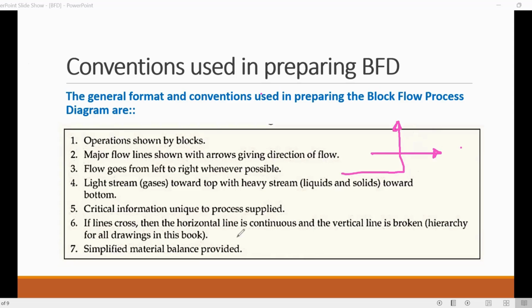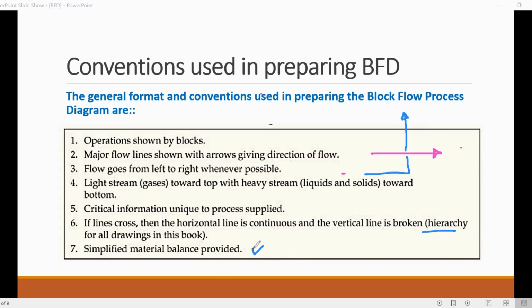The horizontal line is continuous, but if a vertical line is coming like this and has to cross it, the vertical line is broken. The hierarchy is the same for all drawings.